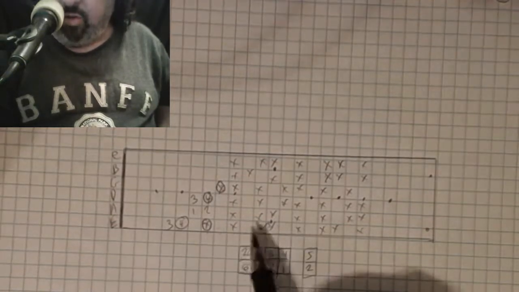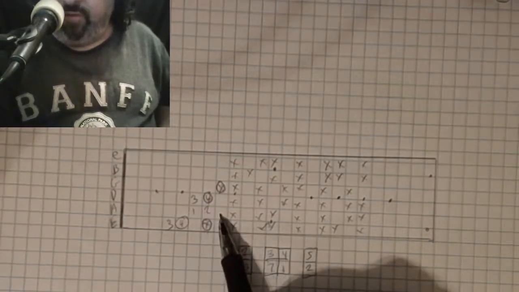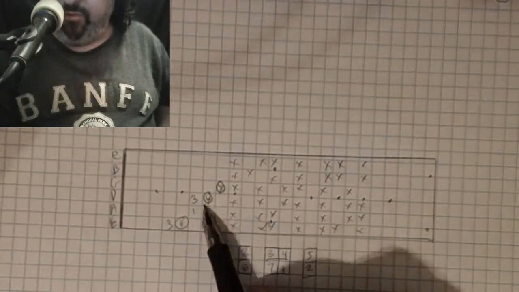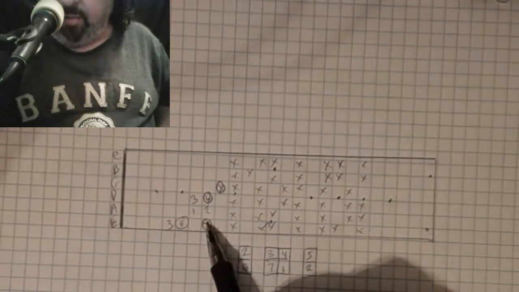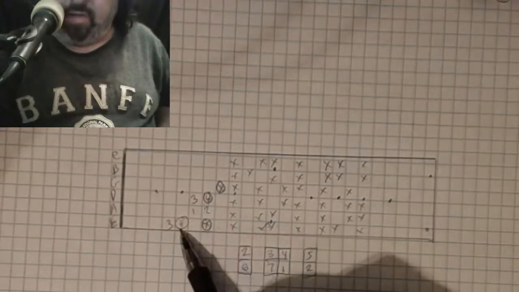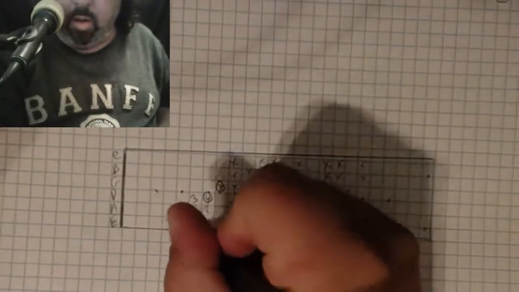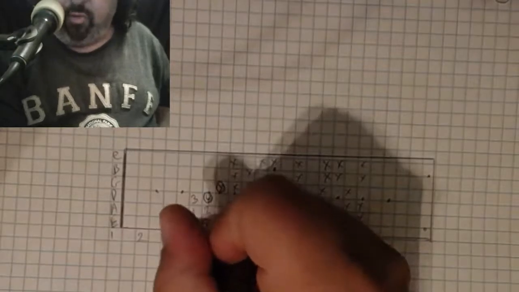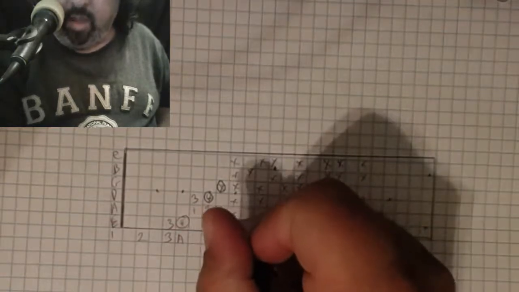So 1, 2, 3 of our scale. 4, flat 5, 5, sharp 5. There's the 6. There's the flatted 7th, regular 7th, and the octave. The same A note, or what is that? Now we're on G, because A was the 4. E was the 1, F sharp was the 2, G sharp was the 3, A is the 4th, and what's that? B is the 5th.